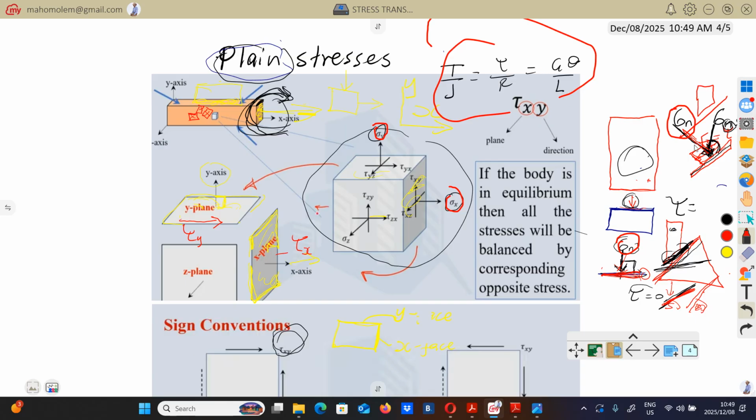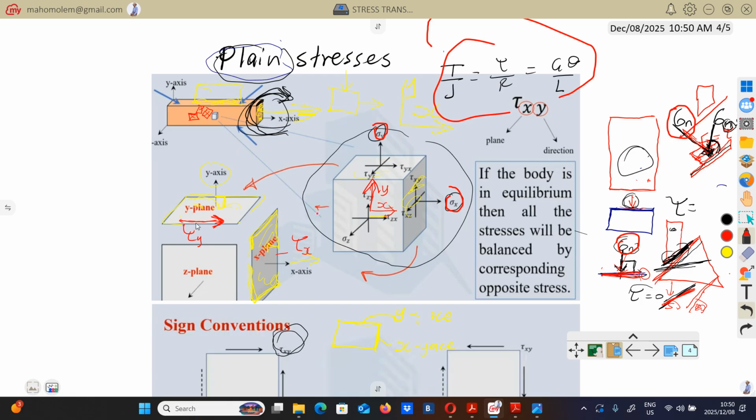The second subscript, normally the shear stress will have two subscripts. This second one is representing the direction. Like the shear stress on this y plane is acting horizontally like this. Remember I said that this vertical direction is y, this horizontal direction is x.